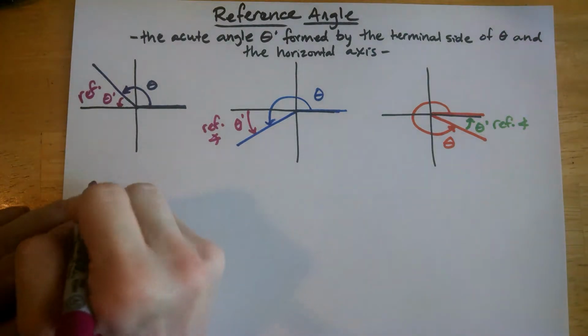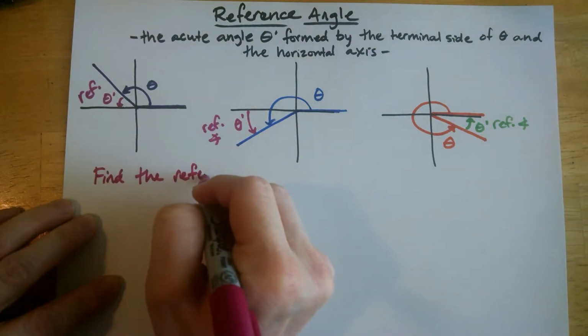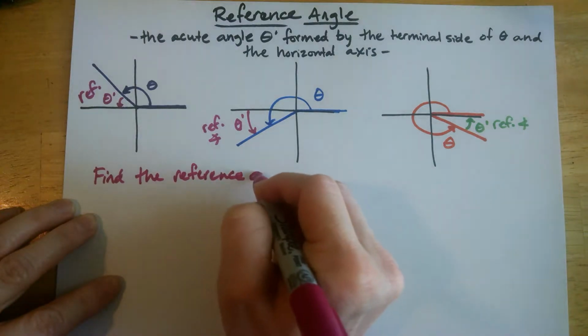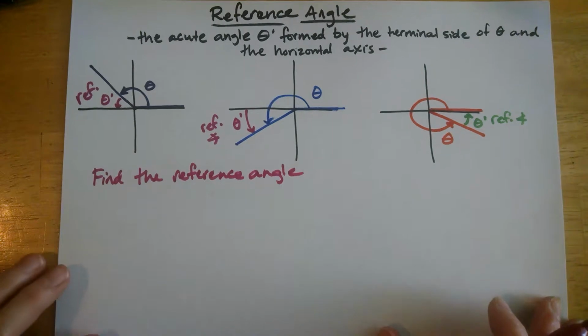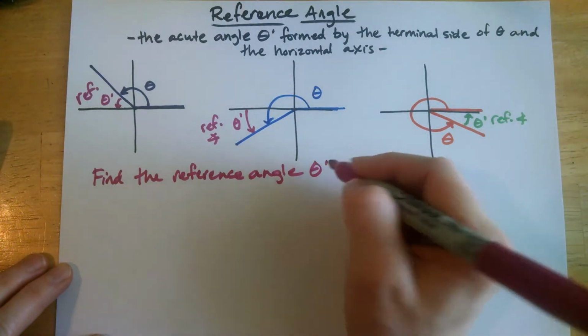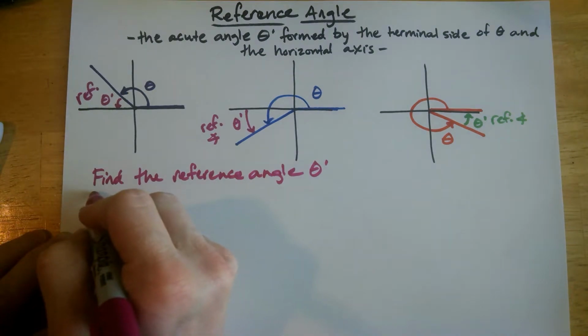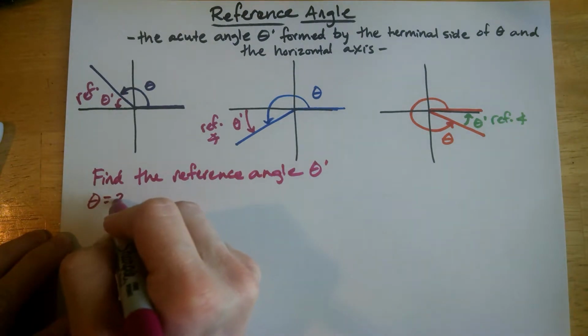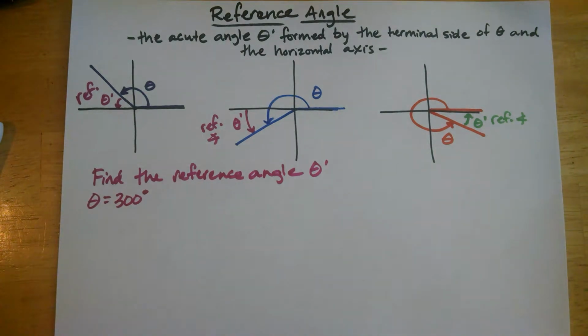Okay, so let's do a few examples here. We'll do find the reference angle. Let's see, keep it consistent, theta prime. Okay, and so let's say theta is 300 degrees. Alright, so let's go ahead and sketch that out where we think that will be.